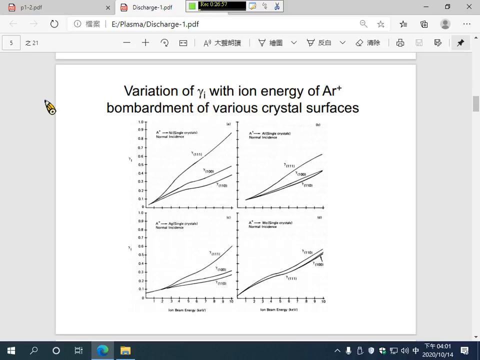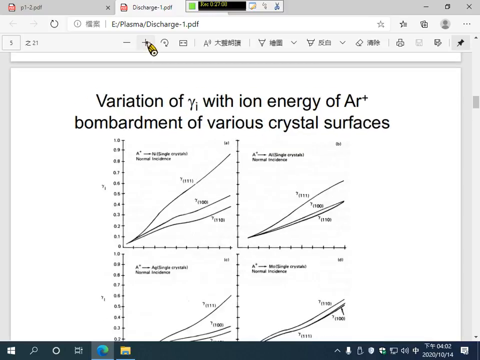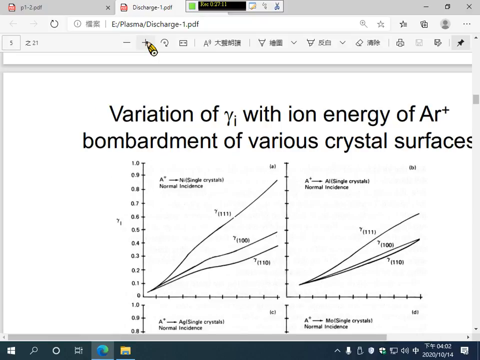If you use argon ions to bombard the surface of single crystal nickel with high energy, you can use a detector to collect the electrons emitted from the surface and get the secondary electron emission yield.